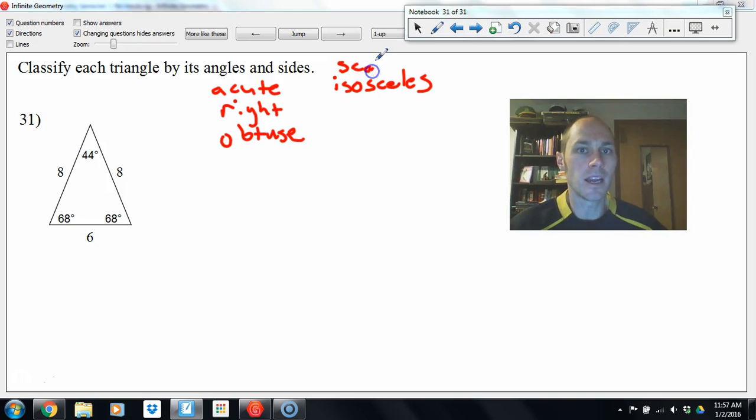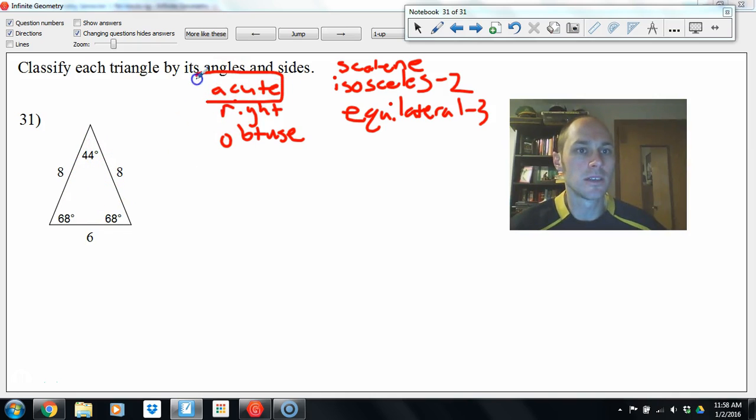Scalene means none of the sides are the same. Isosceles means 2 of the sides are the same. Equilateral means 3 of the sides are the same. So in this case, what do we have? We have angles that are all less than 90, so it's acute. 2 sides are congruent, so it is isosceles.